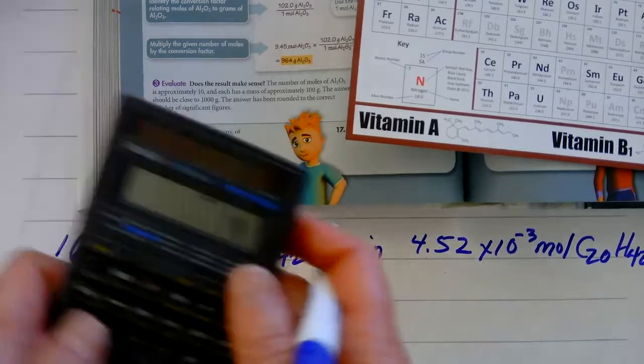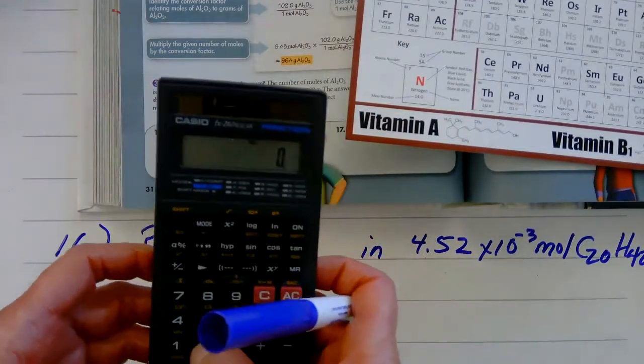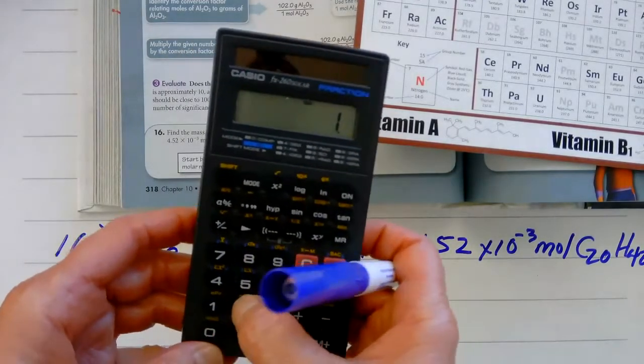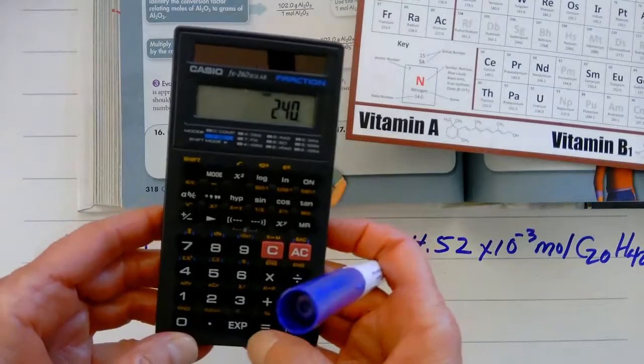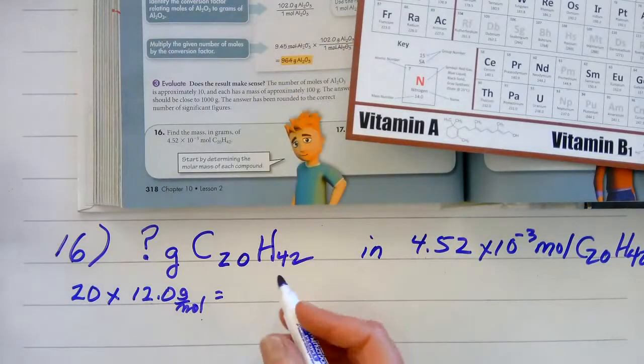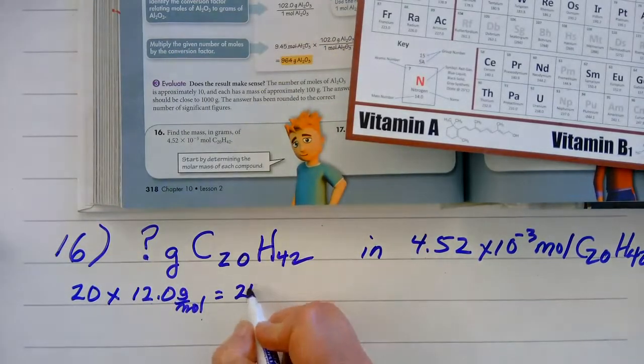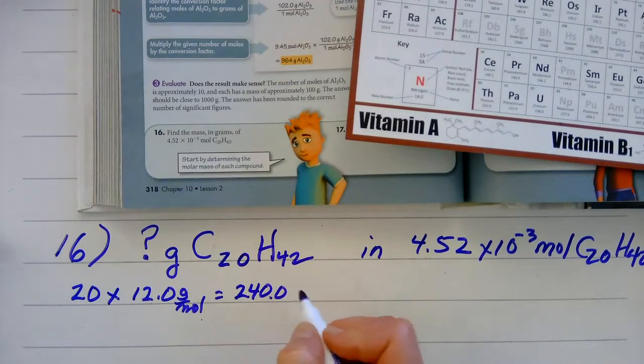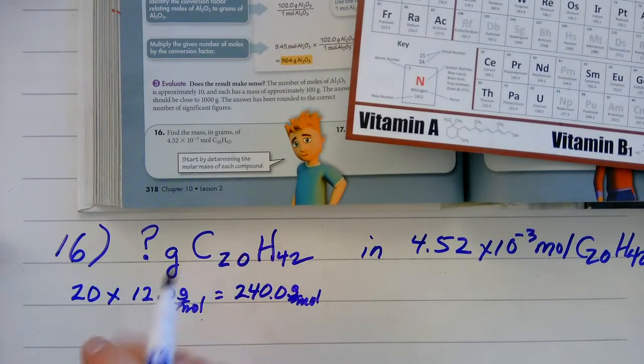We can do this in our head, but we can also use a calculator. 20 times 12.0 gives us 240.0 grams per mole for just the carbon part of this compound.